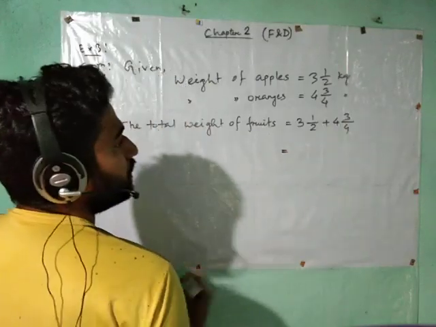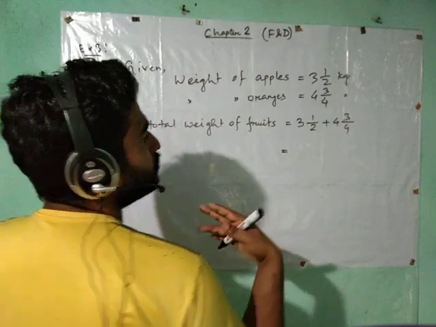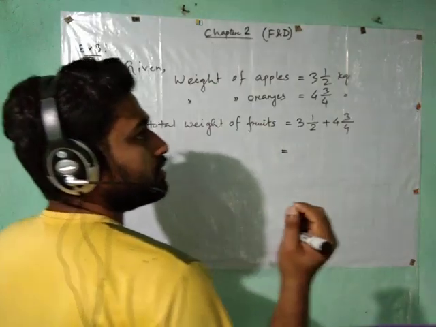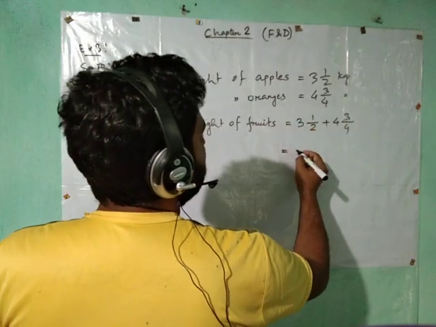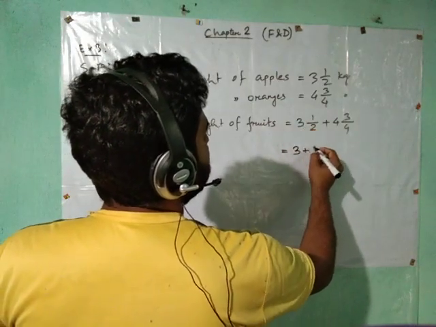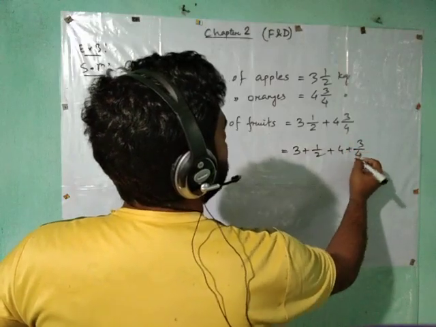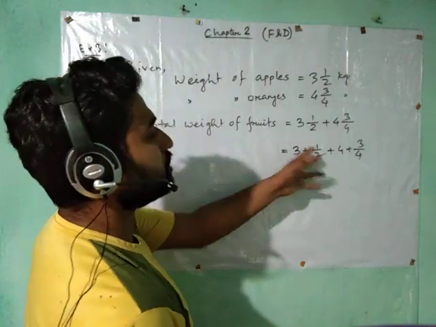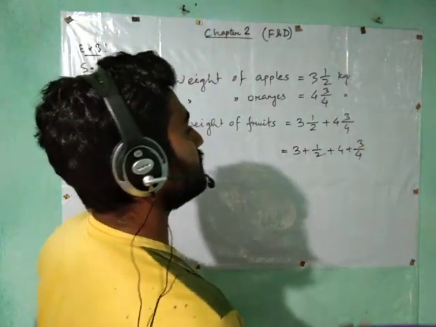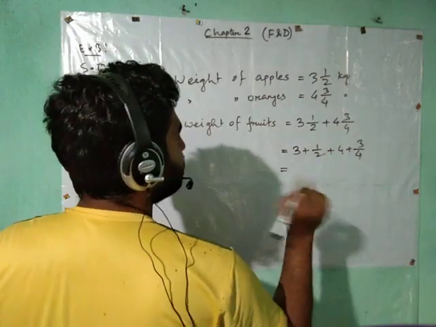If you add them, I will use method 1 for it. I feel it is good because it will save your time. From here you take out 3, 3 plus 1/2 plus 4 plus 3/4. If you don't understand this, please watch my previous video, you will come to know about this particular method. You can use the other technique also, I have no issue.